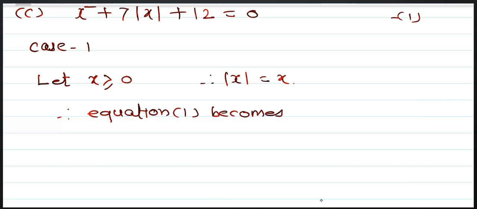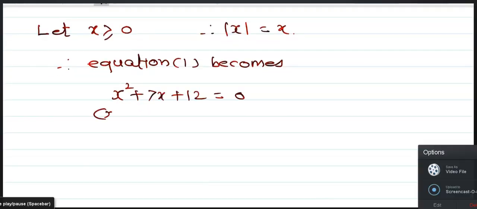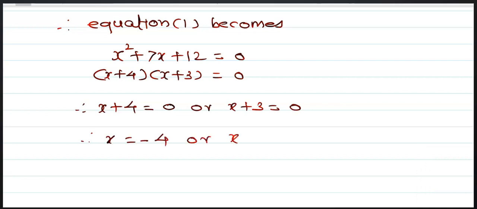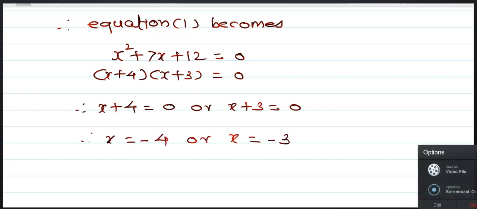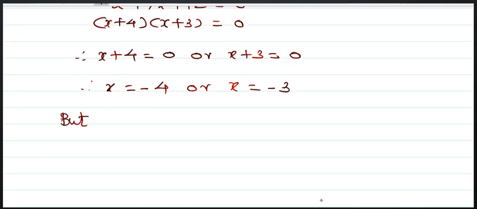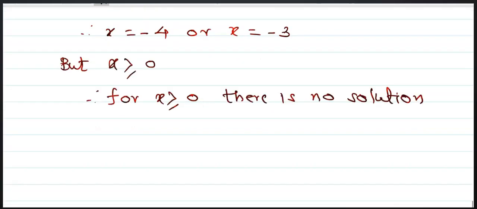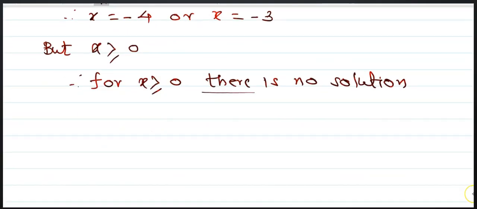The equation becomes a quadratic equation, which we solve: x plus 4 in the first bracket, x plus 3 in the second bracket, equals 0. So x plus 4 equals 0 or x plus 3 equals 0, x equals minus 4 or x equals minus 3. But x is greater than or equal to 0, therefore there is no solution, since we have treated x as greater than or equal to 0.